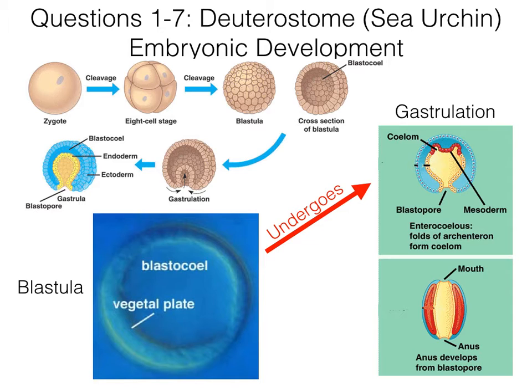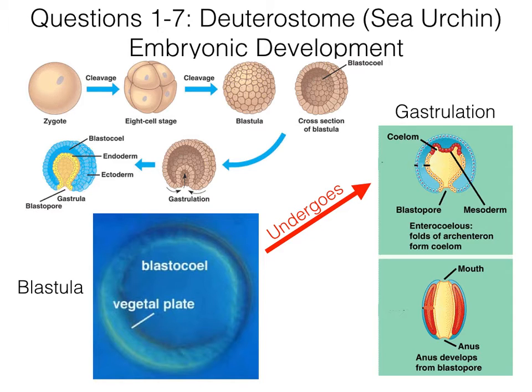And at some point, once the blastula is large enough, it undergoes a process called gastrulation. And during gastrulation, the larger cells in the vegetal plate divide and start to move into the blastocele. Okay, so it basically pushes its way in, as you can see on the right hand side there.